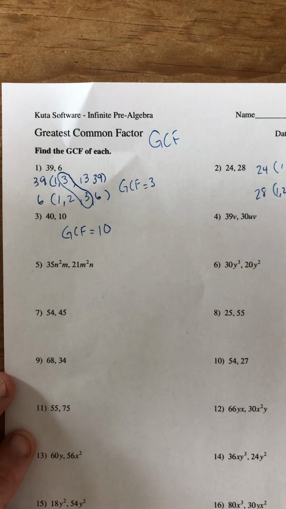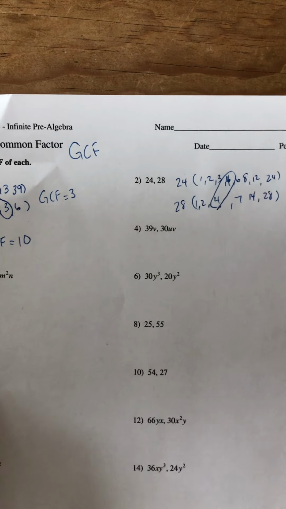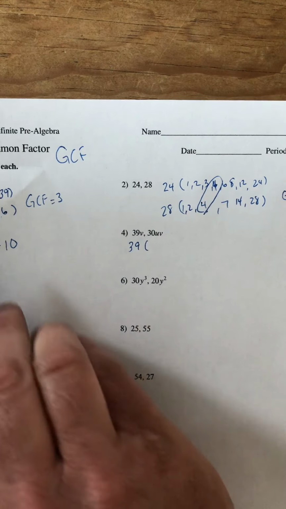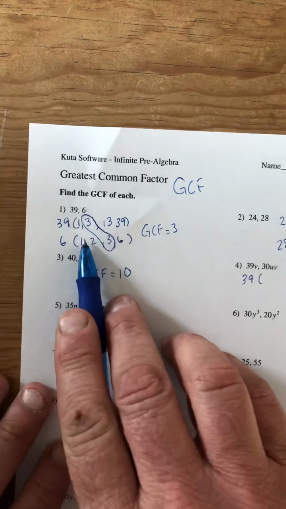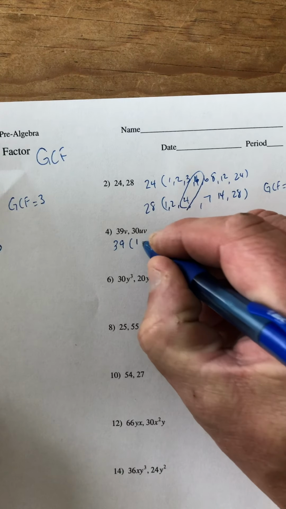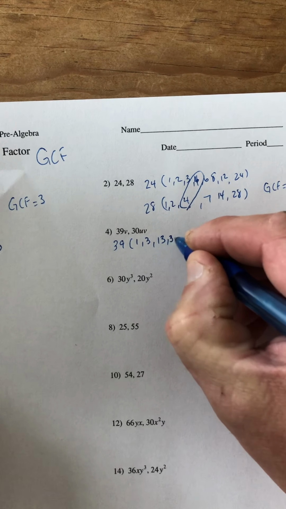Okay? Let's get into number 4. Example number 4, we have 39 and 30. Well, we already know that our factors of 39 from our example number 1 are 1, 3, 13, and 39.